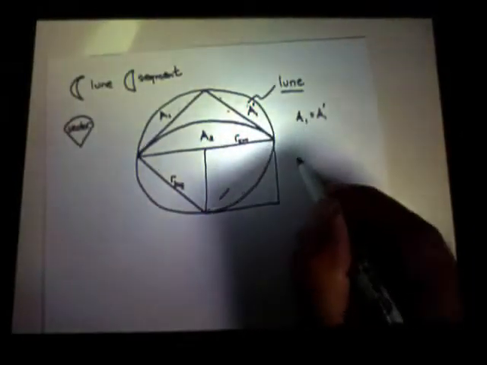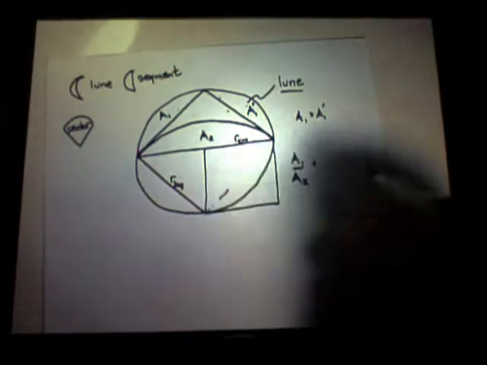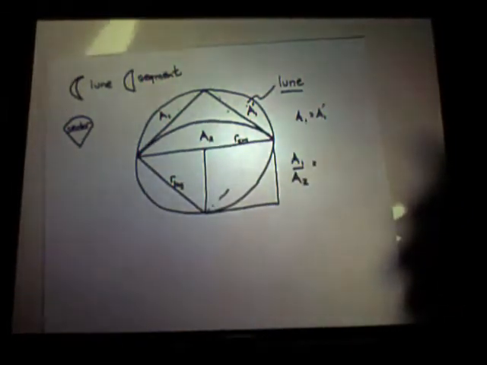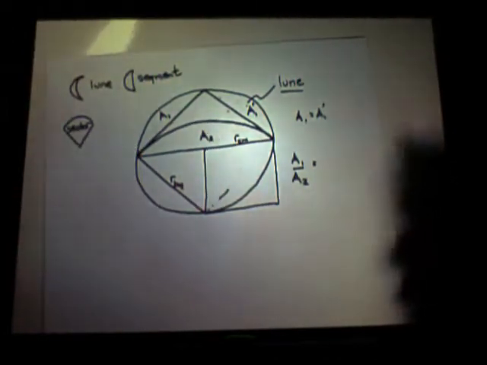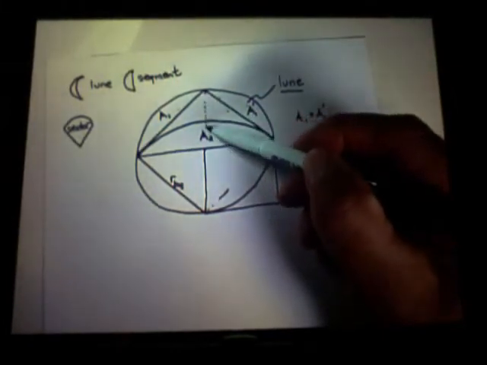A1 is the A2 as the square of their corresponding parts. Well, A1, if you complete this triangle here, I'm trying to not clutter my drawing.